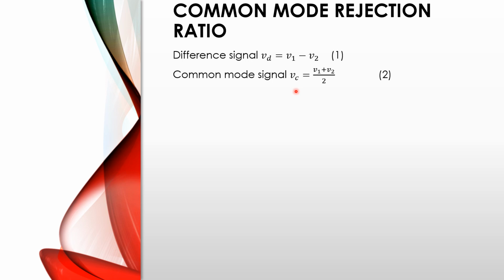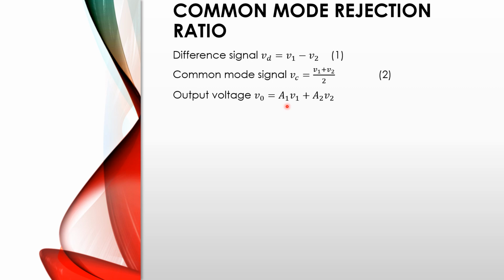From the output, what do we get? From the output we get A1 V1 plus A2 V2. What is A1? A1 is the voltage gain of the non-inverting terminal and A2 is the voltage gain of the inverting terminal.